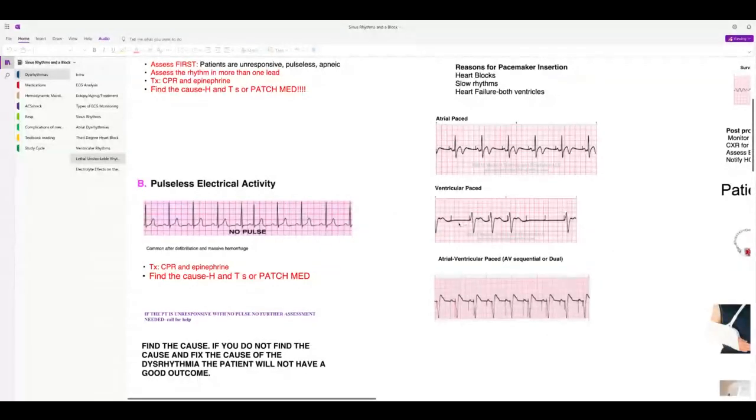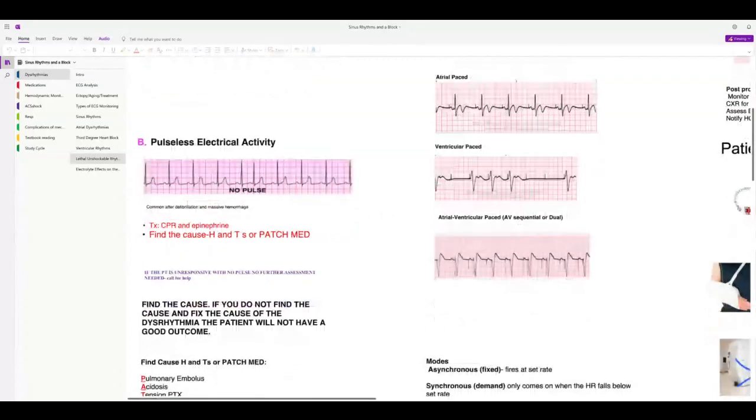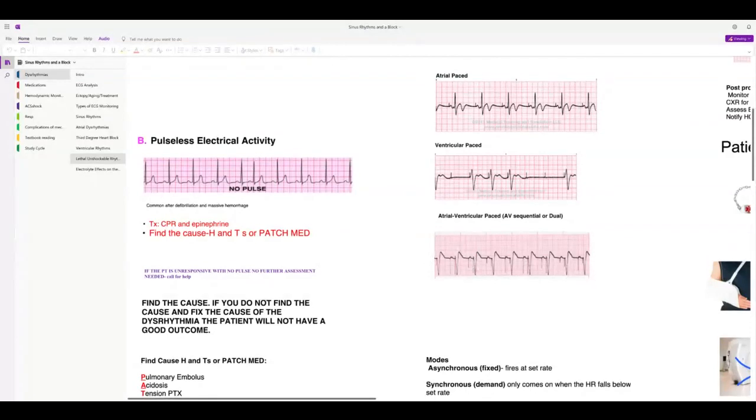However, this is concerning. Right here, you have a spike and no response. That's called failure to capture, okay? And then patients can have an atrial ventricular pace, or AV sequential, or dual, and that means both chambers, the atria and the ventricles. Anytime you have a paced QRS, it's going to be wider than usual.